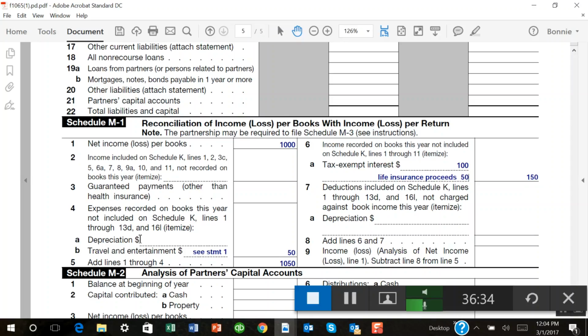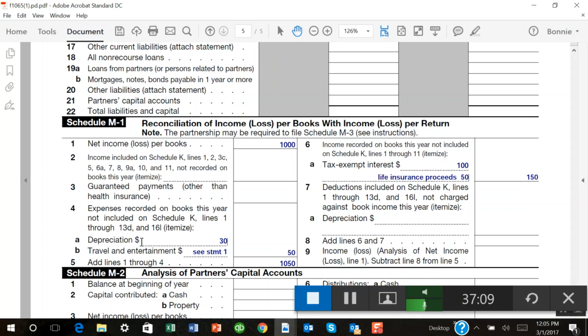And so your depreciation for the year, for book purposes, was $30. But for tax purposes, let's say that that depreciation was on an asset that you had just bought during the year. So you bought an asset for $150, and you bought it right at the beginning of the year.